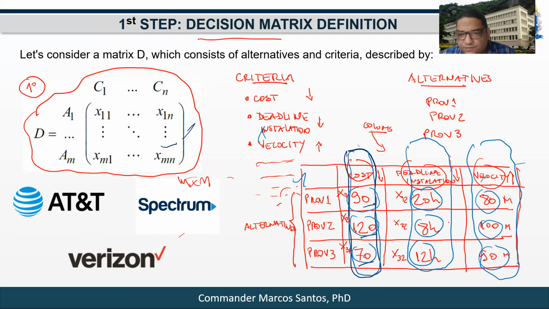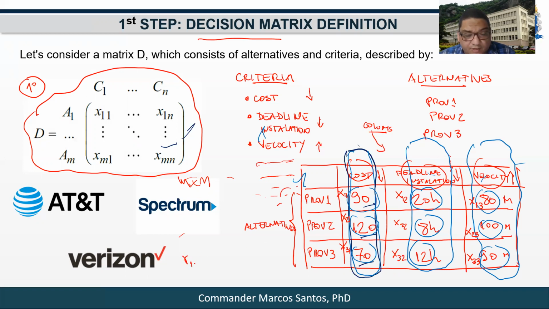And the last column we have x1,3, x2,3, and x3,3. Okay?